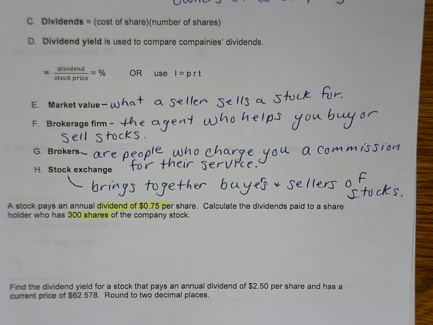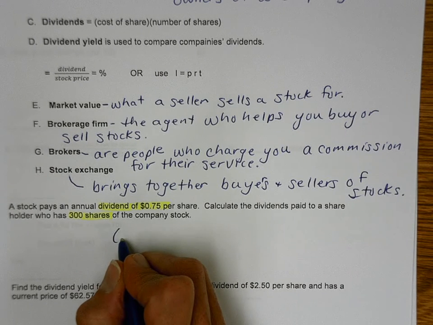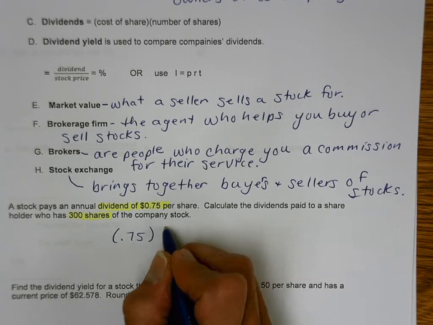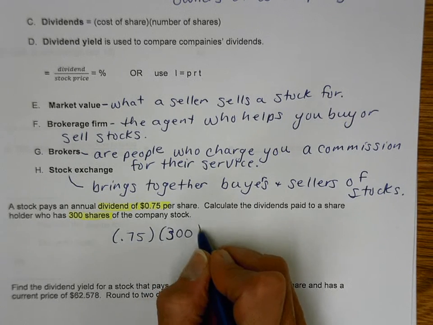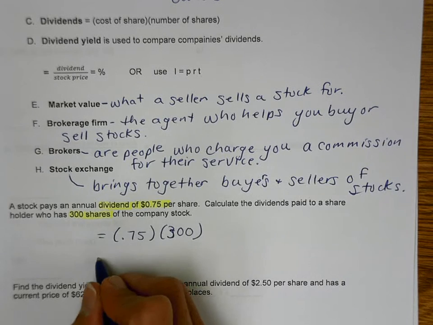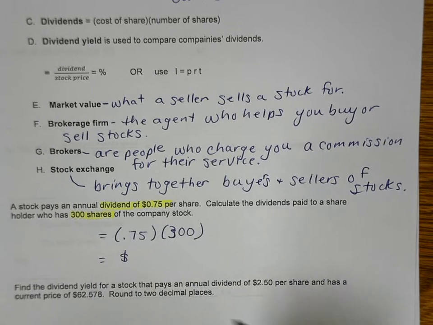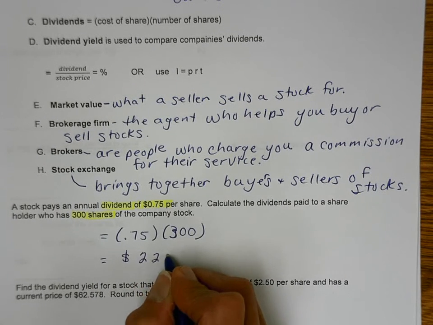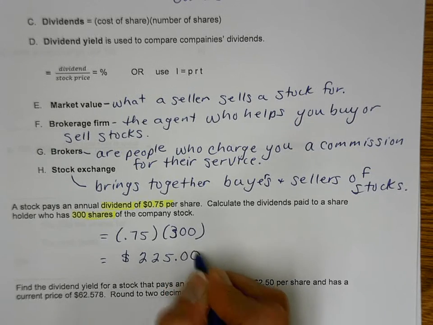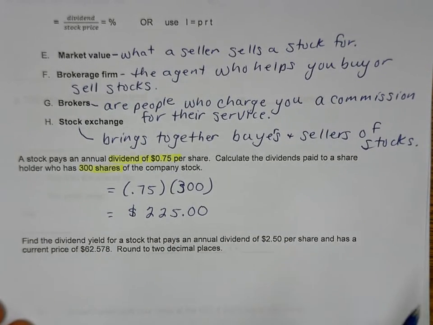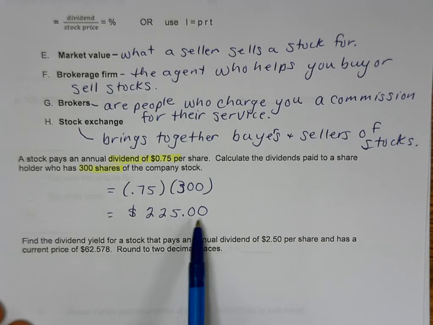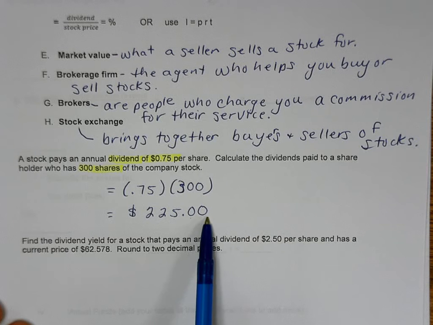Well, you take the cost of the share and you multiply it by how many shares you have. You've got 300. And so that is $225 the shareholder would get. One thing I'd like you to make sure that you do is when you do problems with money, always have 2 decimal places. All right, let's look at the next one.